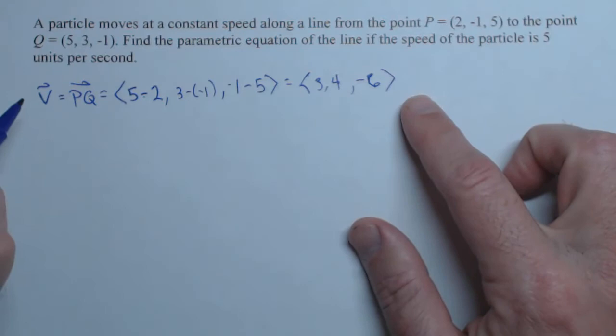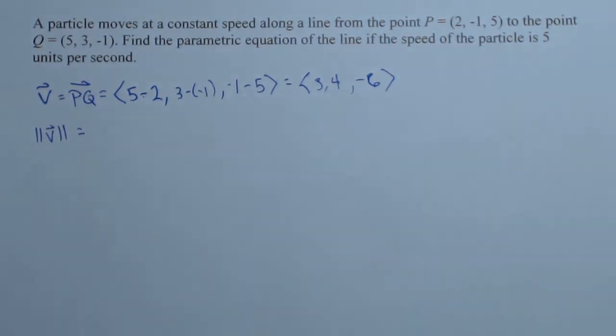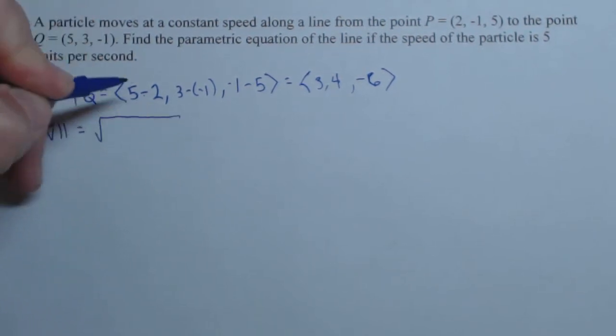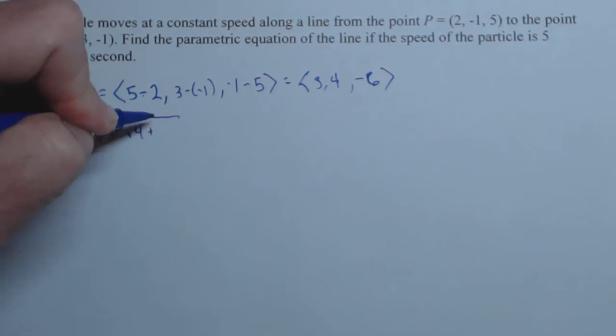Okay, now we're going to need the magnitude of this velocity vector, as we need to know what the current speed is so we can make sure that it has a speed of 5. So to do the magnitude, we do the square root of the sum of the squares of the components.